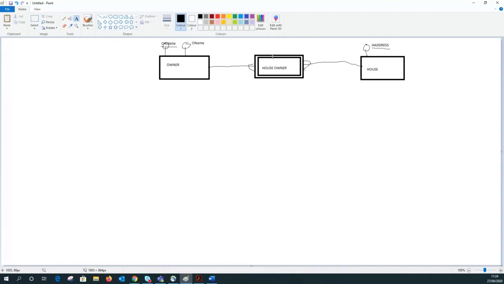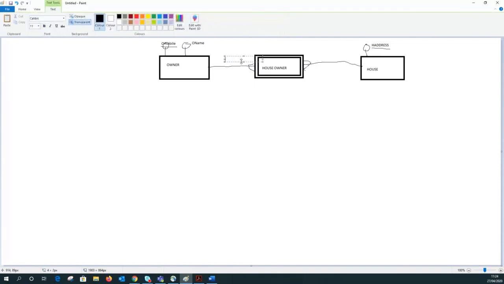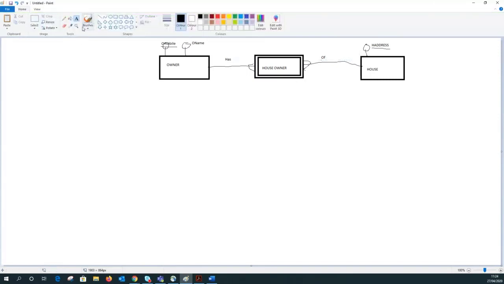In order to identify each unique owner for each house, we need to take the primary key of the owner and the primary key of the house, right? So if I put the relationship names on these two lines, I need to underline these relationships in order to show that we are taking the primary keys to the weak entity side, right?